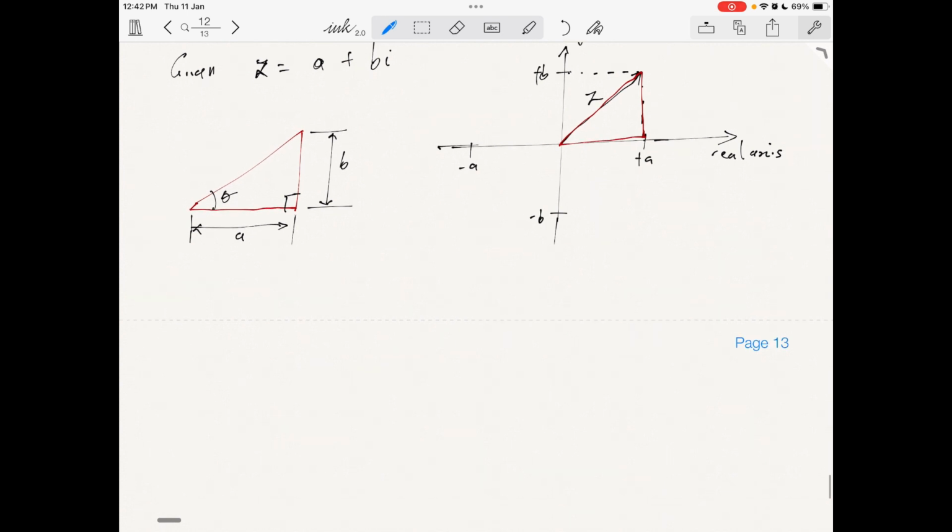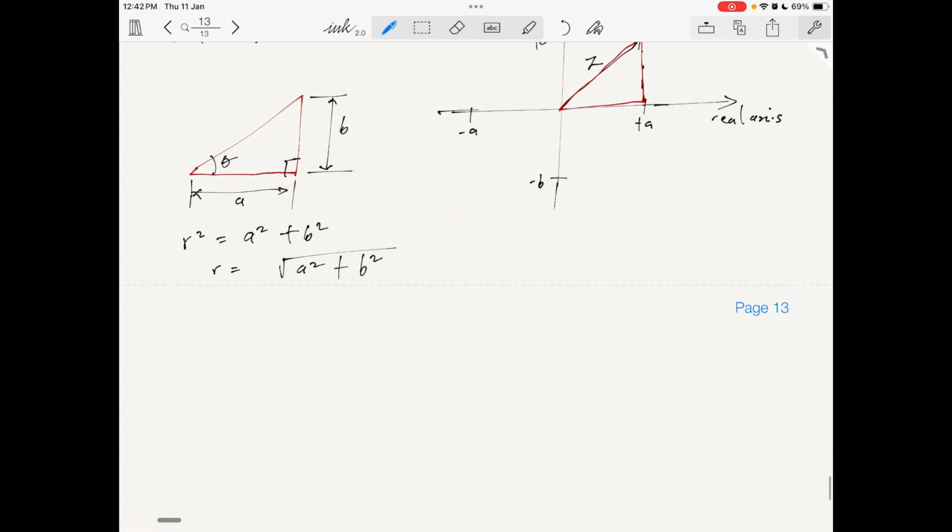So our r, which is the modulus, we can talk about it like in Pythagoras' theorem. You can say that r squared is equal to the sum of the squares of the opposite and the adjacent. So r is the square root of a squared plus b squared.